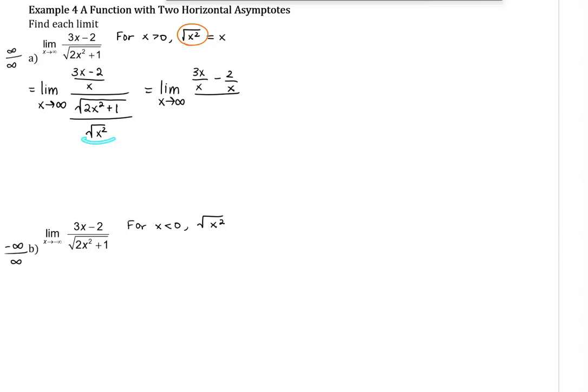Since I chose to write them with both having square roots, I can combine them all under the same square root. Now I can simplify. We have some things that will cancel here.